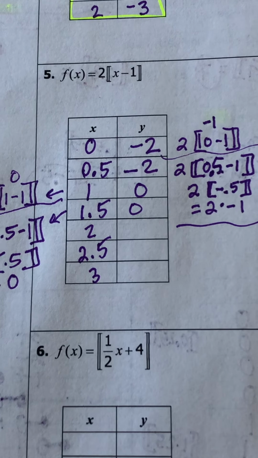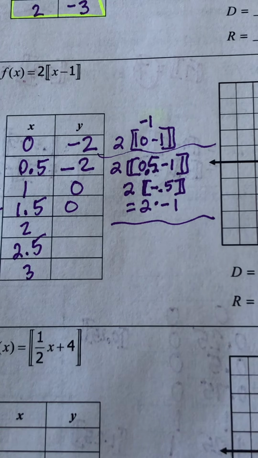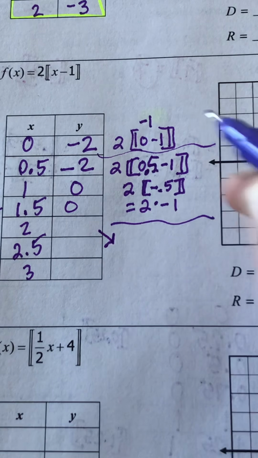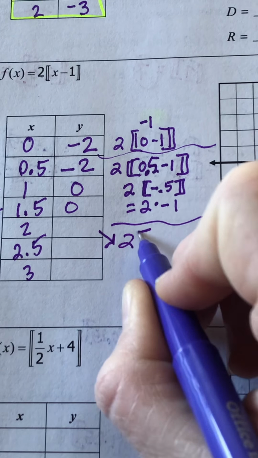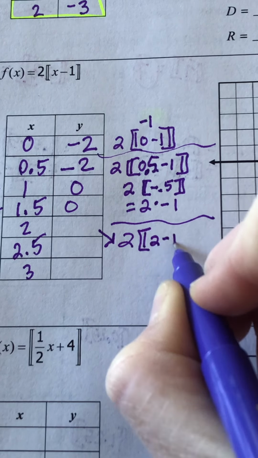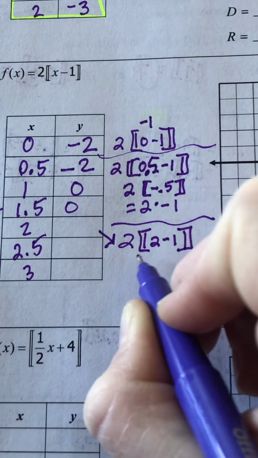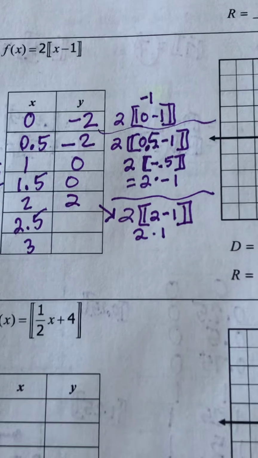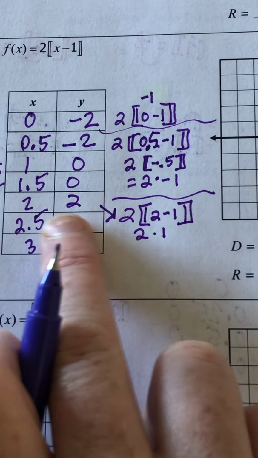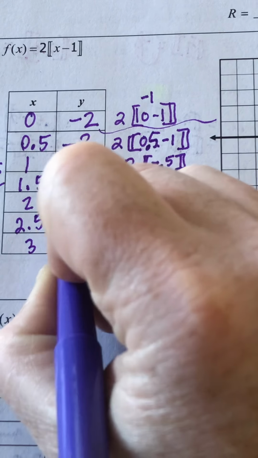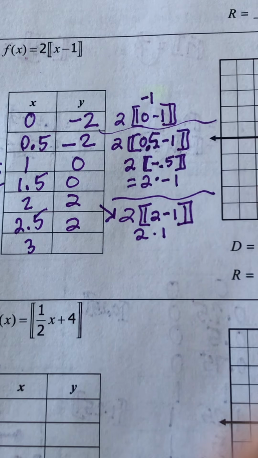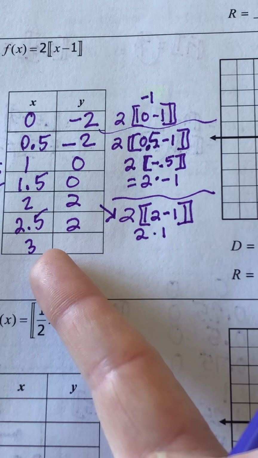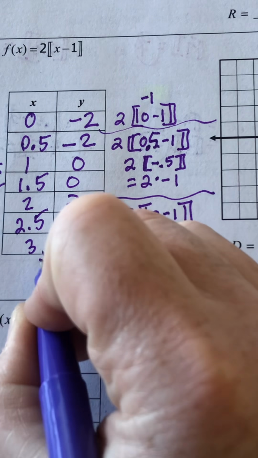Let me try and see what 2 would be down here. So 2 times the greatest integer of 2 minus 1 would be 2 times 1. That's 2. And obviously if I plug in 2.5, I should get 2. I'm not going to have a value change until I get to the next integer. So we'll try 3 now.